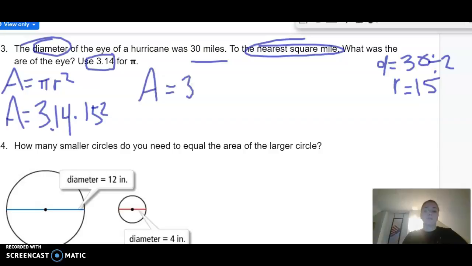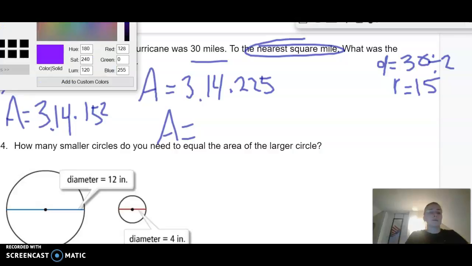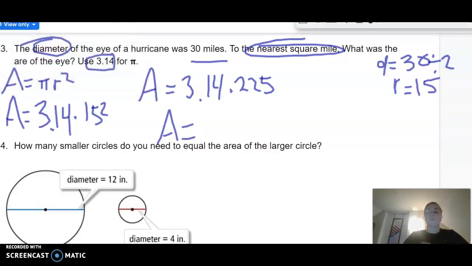So we have area equals 3.14 times 225, and now we're going to multiply those two together to find our final area, which, when we put that in our calculator, will give us 706.5, and we want it to the nearest square mile.